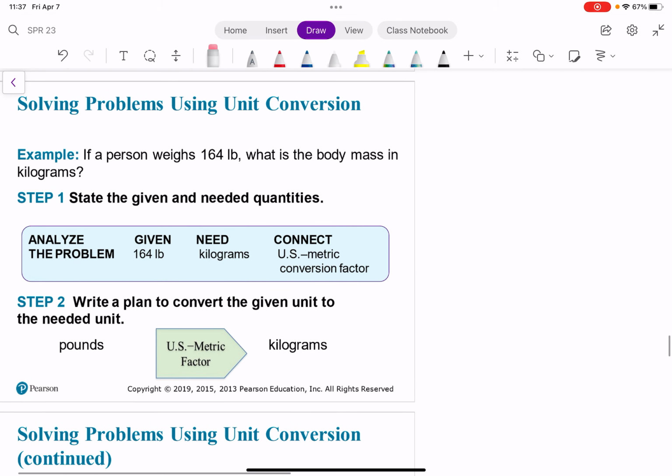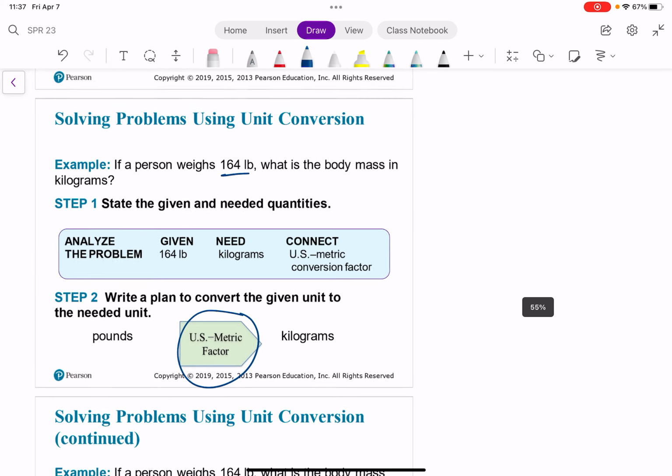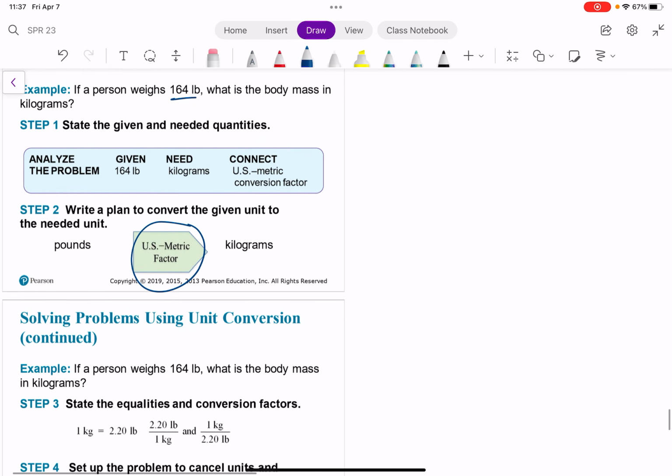So solving problems using unit conversion. If a person weighs 164 pounds, what is the body mass in kilograms? All right, so for this one, this would be an example of one that I would give you the US to metric conversion factor. Okay, so let's zoom out here. I think they give it to us.